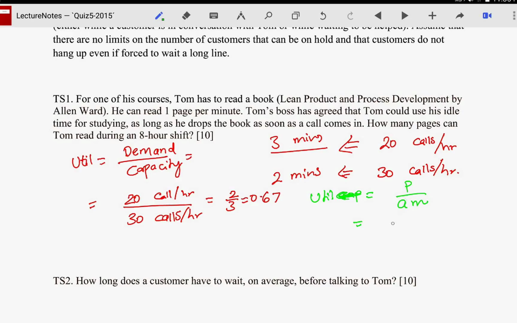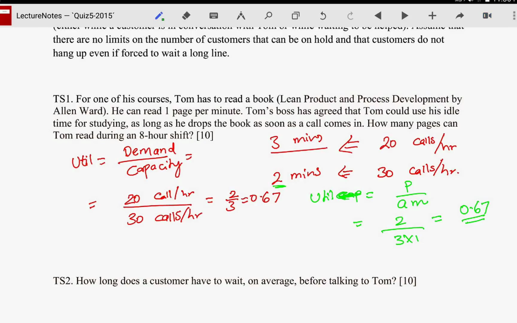So processing time is 2 minutes, right? It takes him 2 minutes to process one call. Inter-arrival time, the call arrives every 3 minutes, so it's 3, and there's only one worker, so same idea, right? Doesn't matter how you think about it.